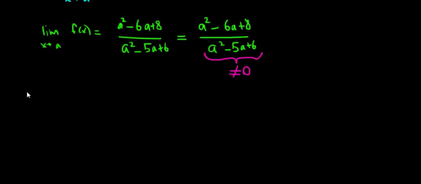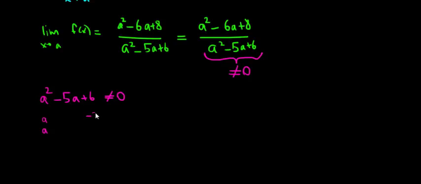So the function is continuous everywhere except on this range: a squared minus 5a plus 6 different than 0. We cannot have 0. What would be the values that cannot be accepted? Well, let's solve this as a quadratic equation. Let's use our shortcut where we take two numbers that multiply to get 6 and add to get minus 5.